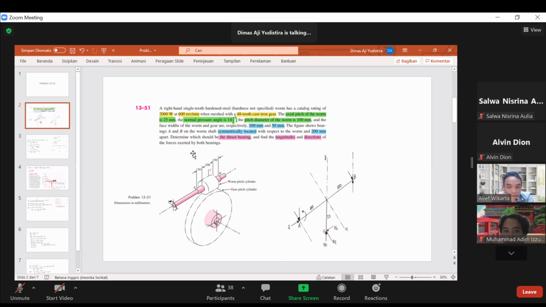The problem gives a worm, right hand and single tooth, the power is 2000 watt at 600 revolution per minute and 48 tooth cast iron gear.